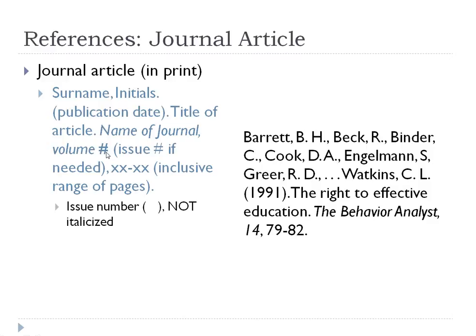Okay, and that is going to be italicized, and then issue number if it is needed, if there's an issue number, and then you're going to include all of your page numbers. So you can see here that we're including 79 all the way through 82. And in this instance, we do have a volume, which is volume 14, but we don't have an issue number.